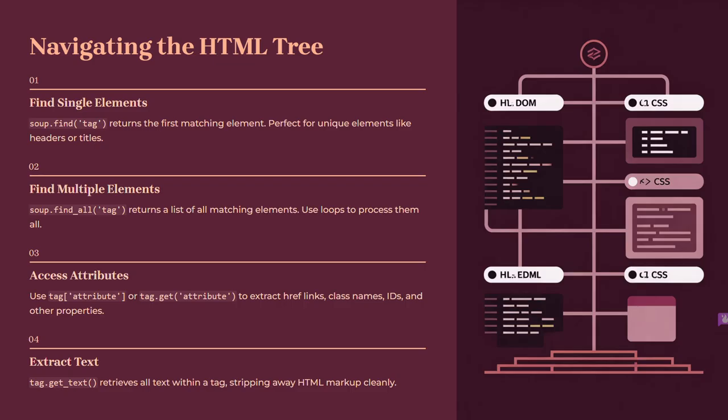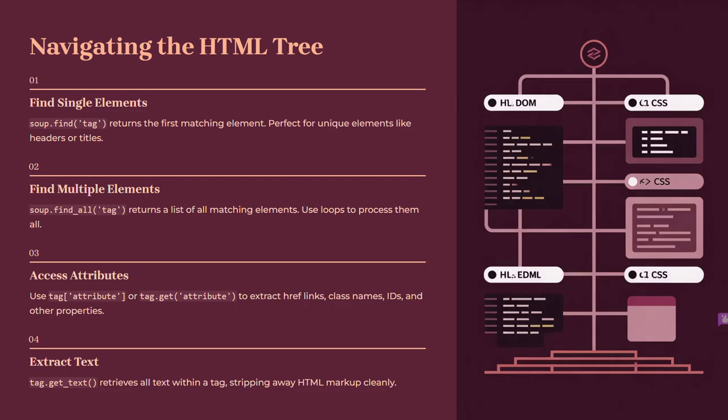Second, find multiple elements using the find_all tag. This returns a list of matching tags, perfect for lists, product items, articles, or multiple repeated blocks. The third is accessing attributes. You can extract things like links (href), image URLs in the form of src, CSS classes, and IDs.